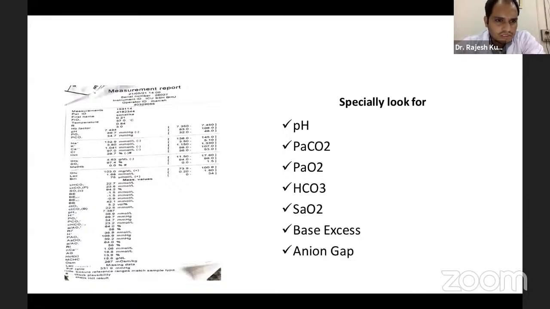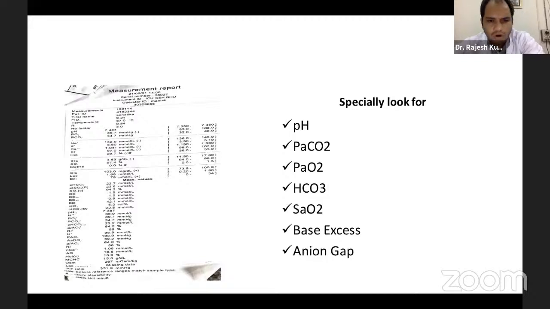See, this is just a simple photograph from our hospital, from our ICU, showing so many parameters, but we have to look especially at a few parameters. Others are hematocrit, calcium, DO2, PO2.